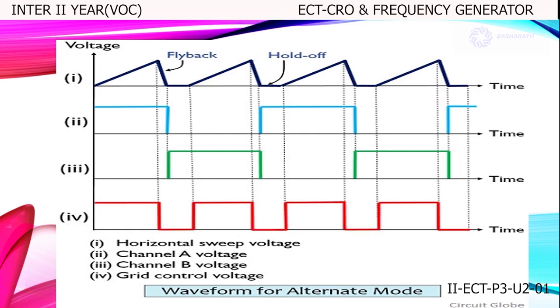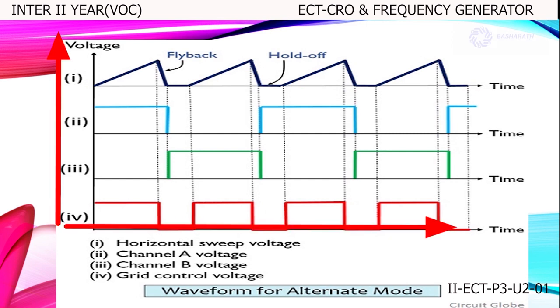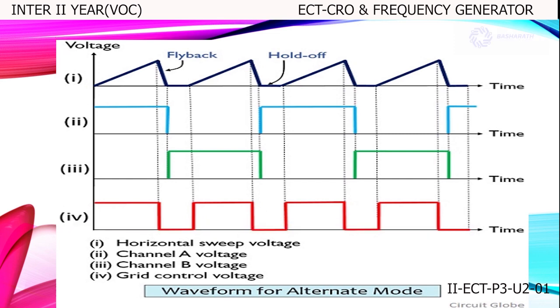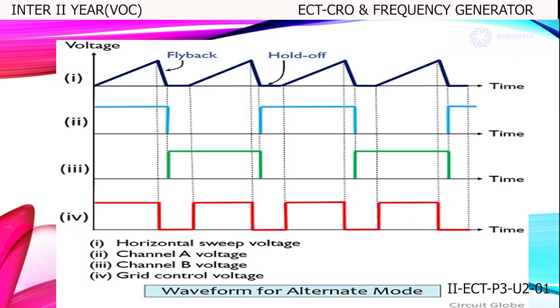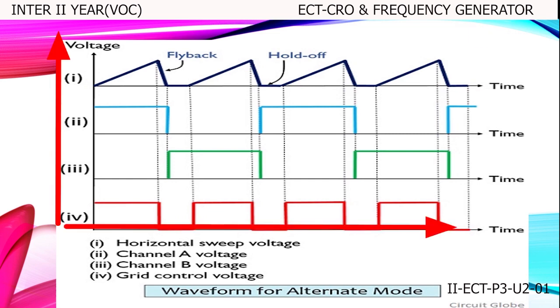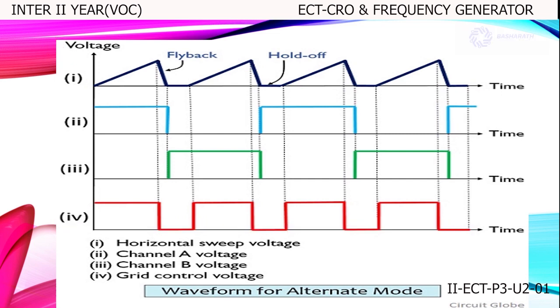Alternate mode leads to a display that shows the occurrence of the signals at different times. But in actual practice, the two events occur simultaneously. Also, the method cannot be used for the representation of low frequency signals.